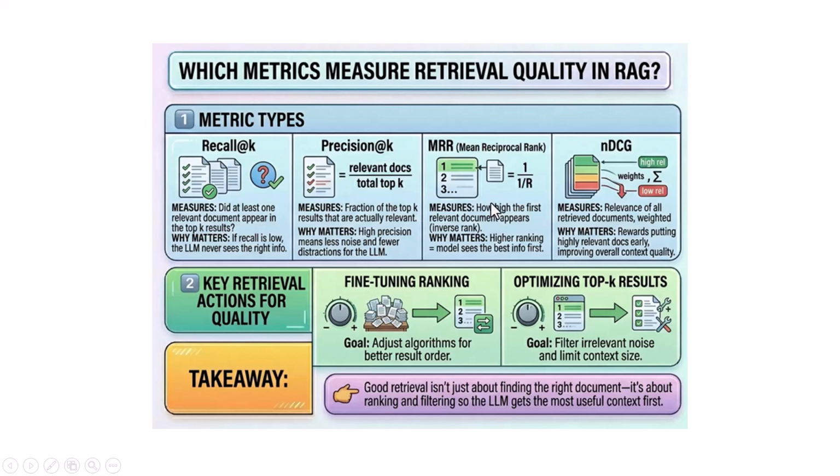The next metric, mean reciprocal rank, measures how high the first relevant document appears, and it matters because higher ranking means the model sees the best info first. And the next one, NDCG, measures the relevance of all retrieved documents weighted by their rank, and it matters because it puts highly relevant docs early and less relevant ones later. That can improve overall context quality. So the takeaway is: good retrieval isn't just about finding the right document. It's about ranking and filtering, so the LLM gets the most useful context first.